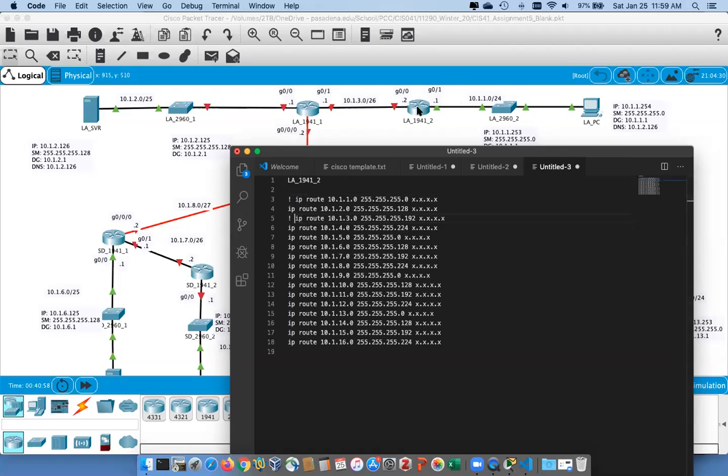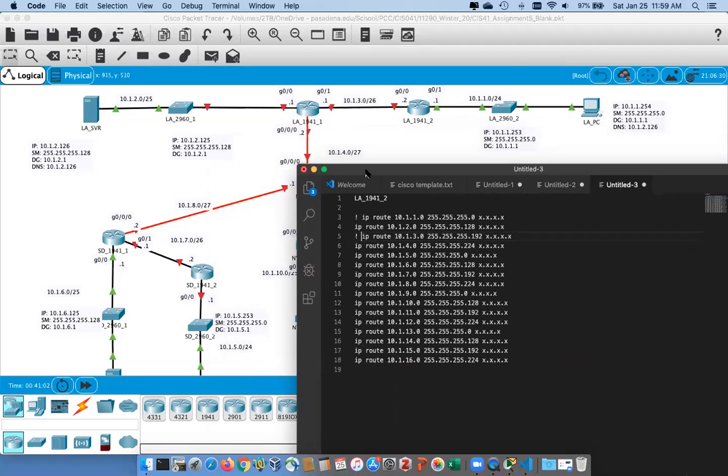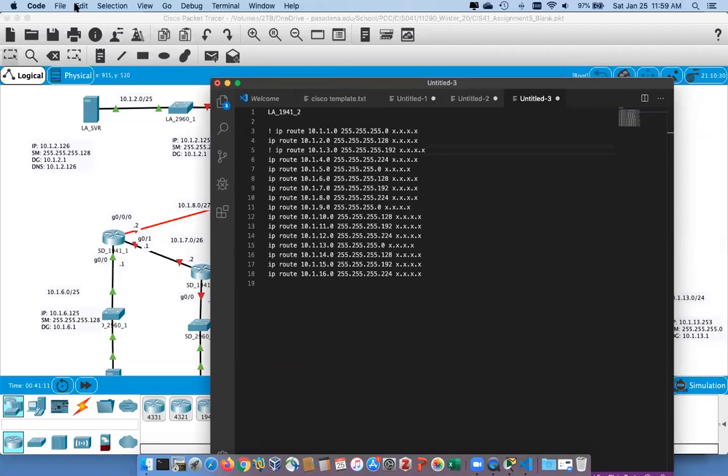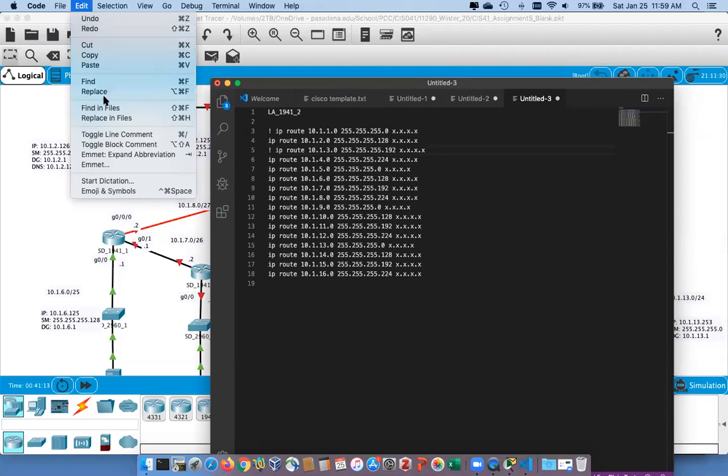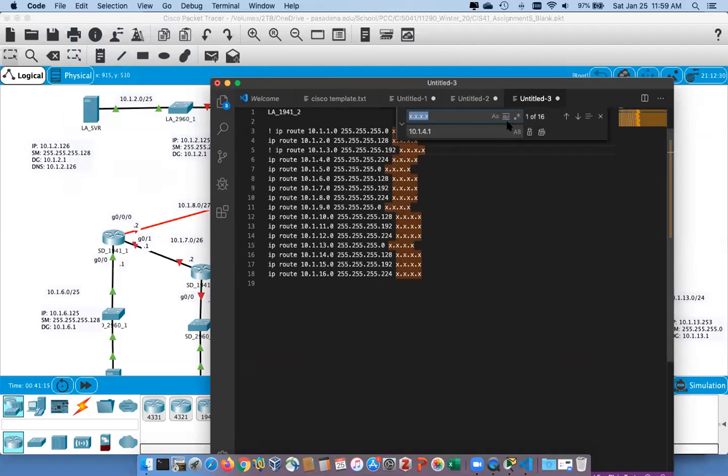Okay, and then to get to all of the other networks here, its next hop IP is 10.1.3.1.